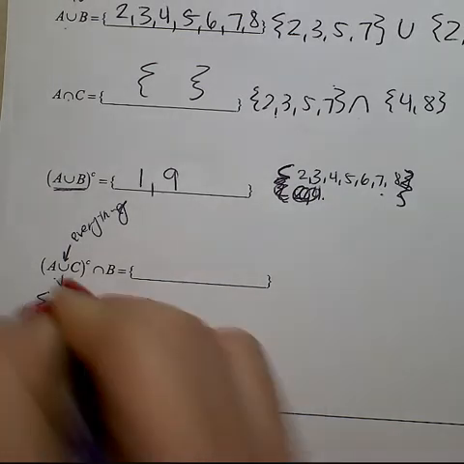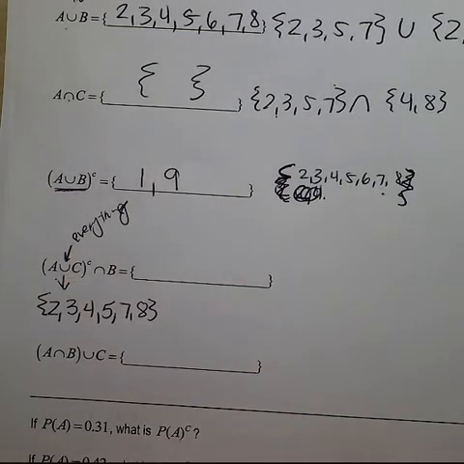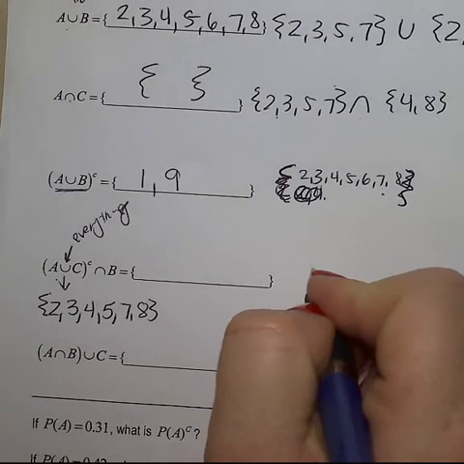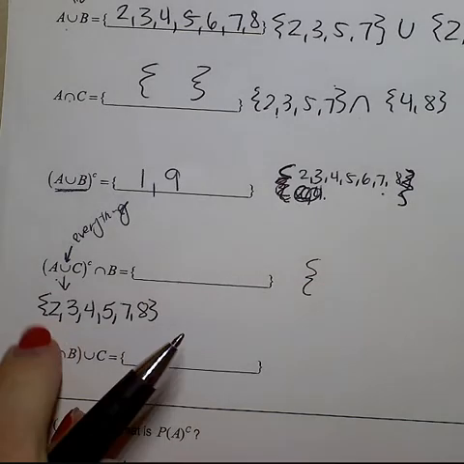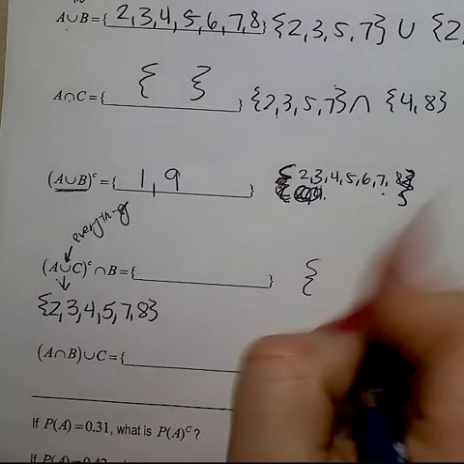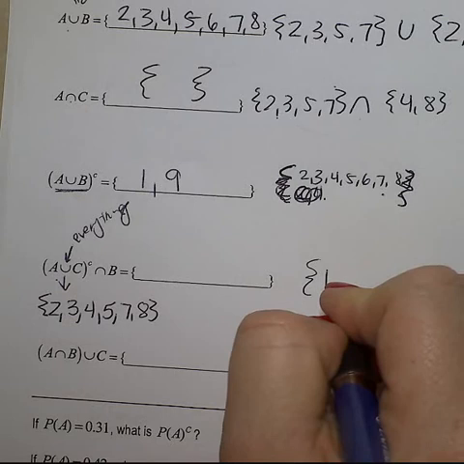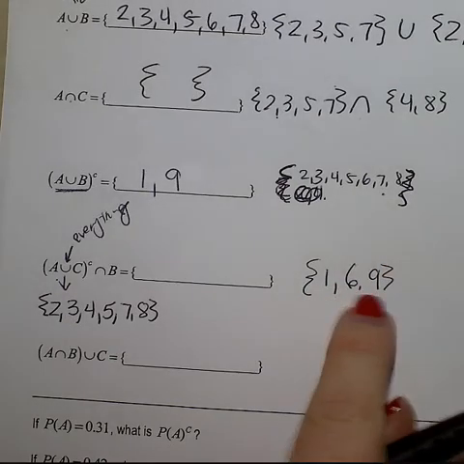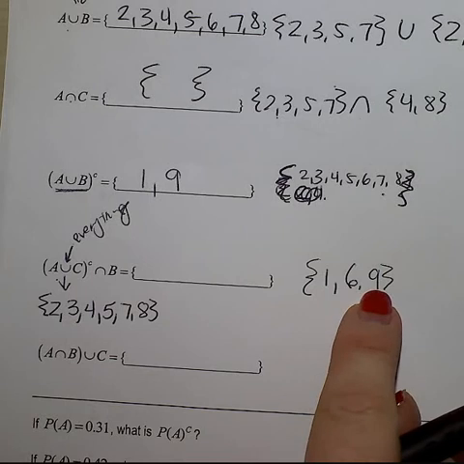That's before the complement. The complement of this, and I'm going to do it off to the side here, is everything in the union that's not a part of this, which would be 1, 2, 3, 4, 5, 6, 7, 8, and 9. This is the complement of A union B.